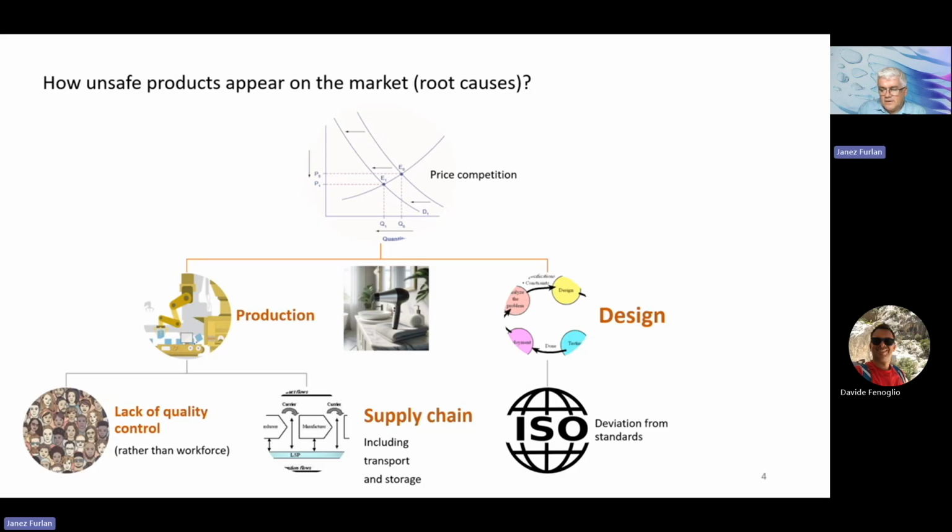And further on in production, even if the production seems to be fairly stable, unsafe products may be found on the market due to lack of quality control, or later on in the supply chain due to damages during the transport and storage. It is very rarely that the products can be caused by the unskilled workforce.